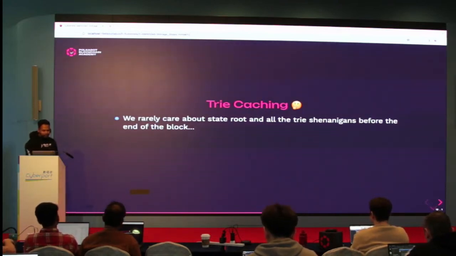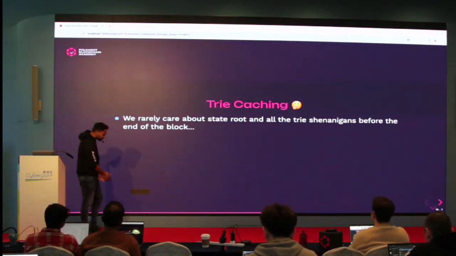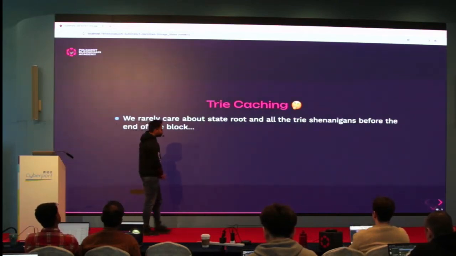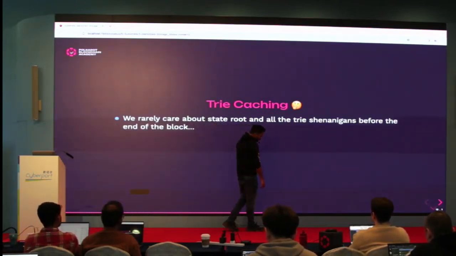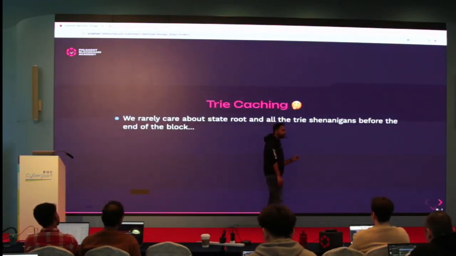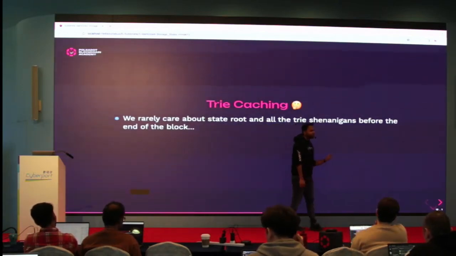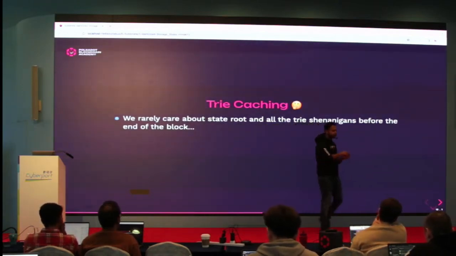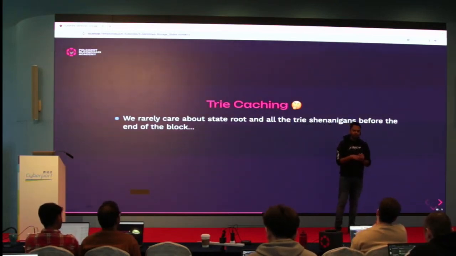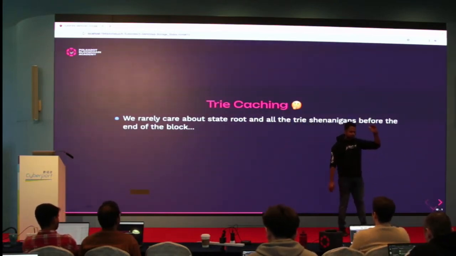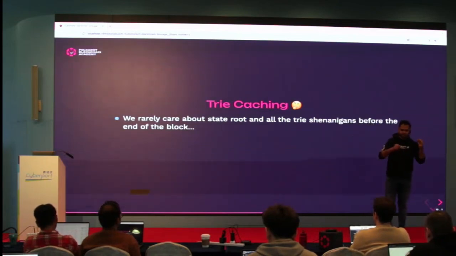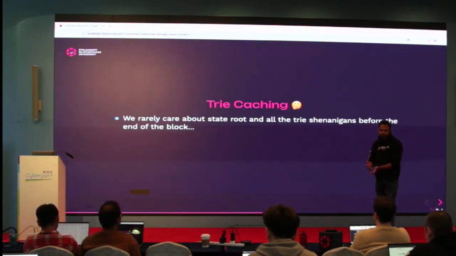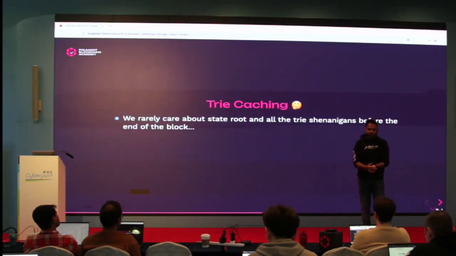Okay, if you have already done part of the assignment, you'd have seen that the Merkle root is only calculated at the end of the block. So when we do finalize block, at the initialize block, we get some root, we apply extrinsics, and we calculate the root again at the end of it, right?